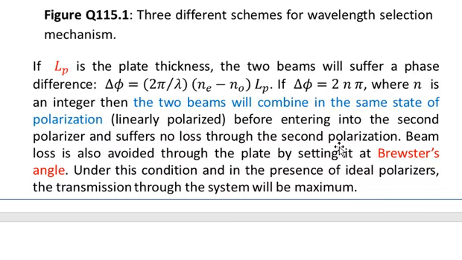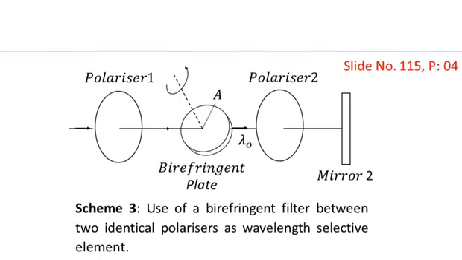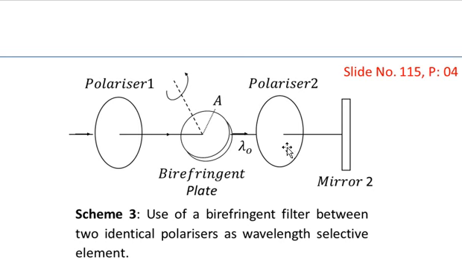So you see that if the phase difference is different from an integer multiple of 2 pi, what will happen? Then the axis of this linearly polarized light after emerging from this quartz plate will be rotated. It will make some angle with the axis of the polarizer, and so some part of the beam is lost.